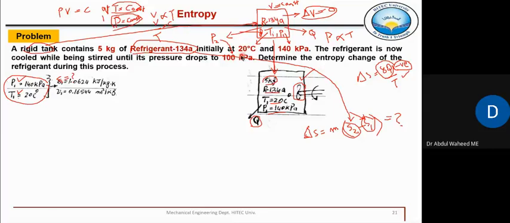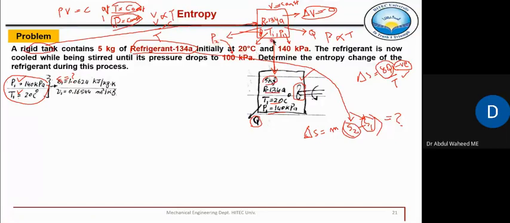Any other thermodynamic property given for state 2? No, sir. Okay, so then how can we find S2? Because only pressure is given. We need to know at least one more thermodynamic property to trace a point, right?